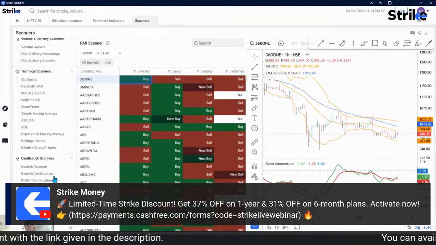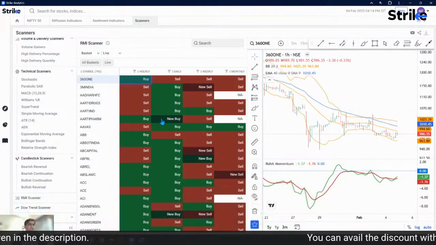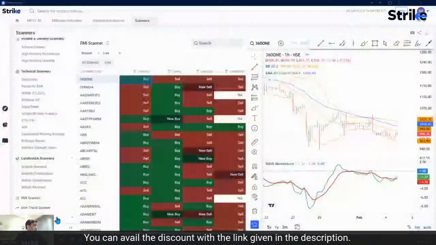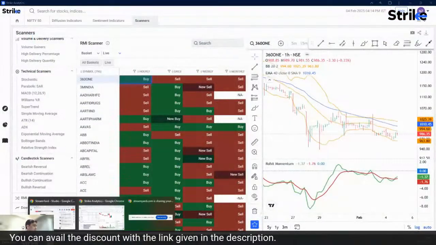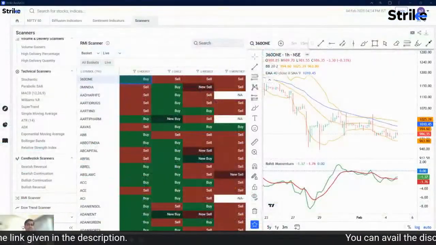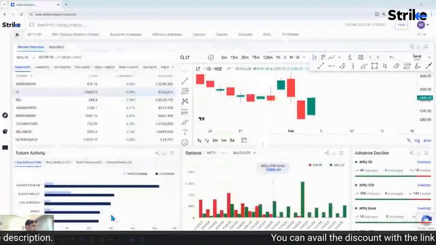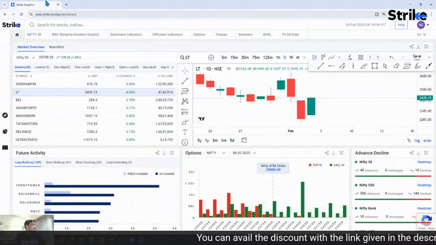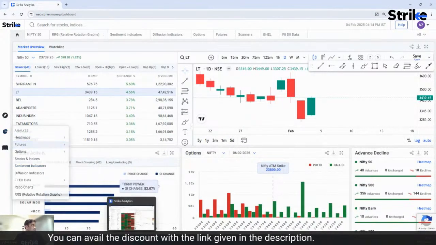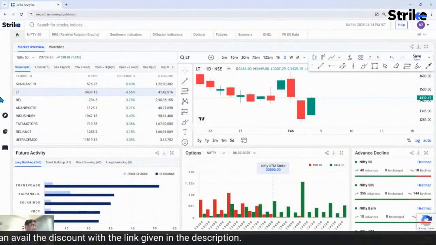One, I am using this particular software; I've installed the Strike software on my desktop, and you can also come to the portal over here. This is the web portal, web.strike.money, and you can use both of them at the same time.